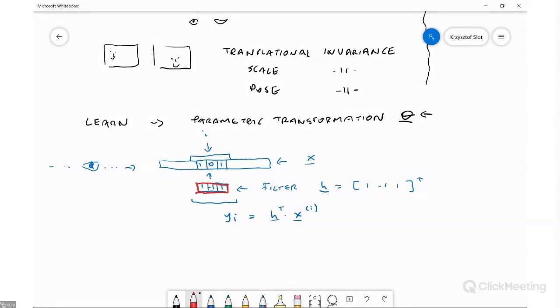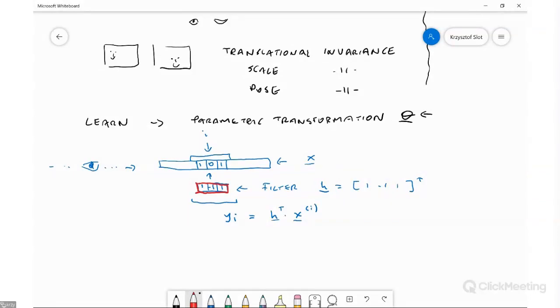And observe that, assuming that this is a binary vector, the maximum response that I will get, meaning the maximum value of a dot product, will be for this particular structure. This is the maximum one.